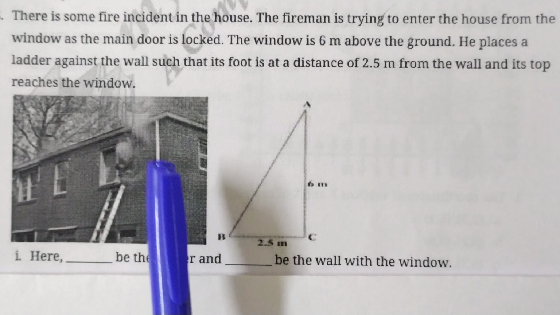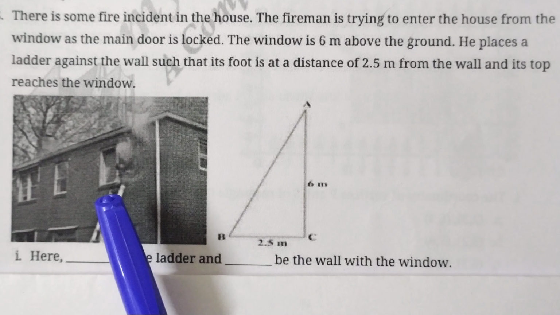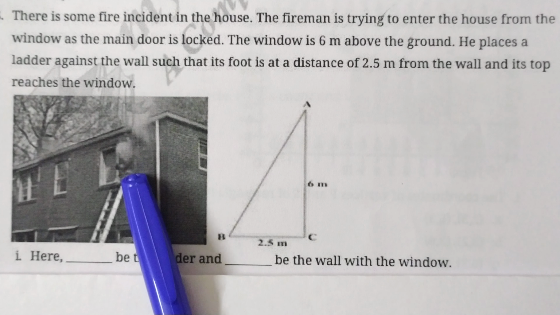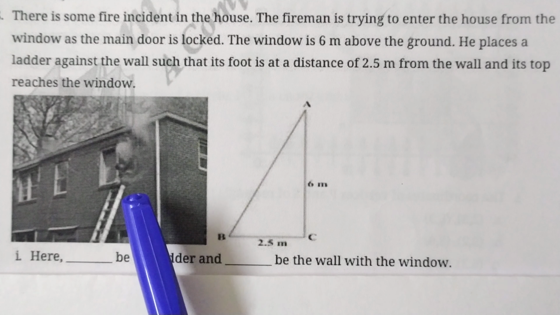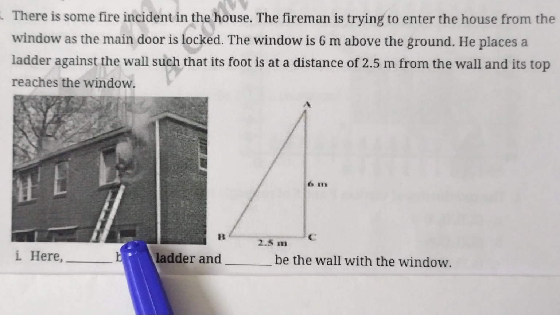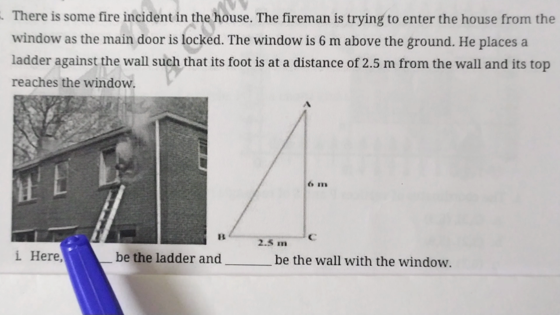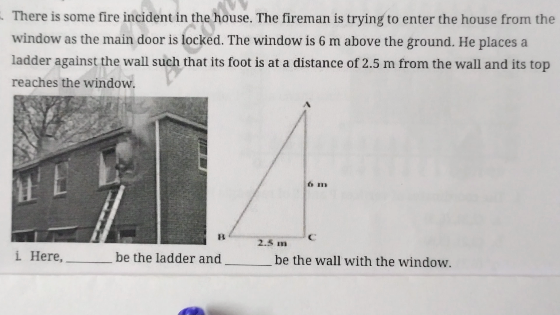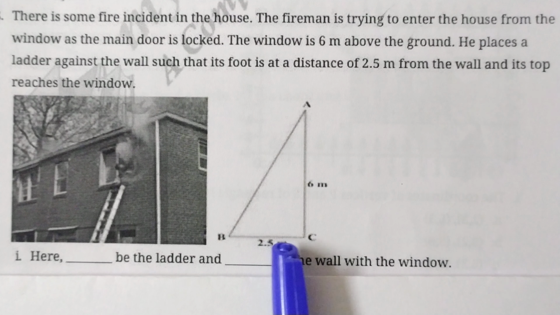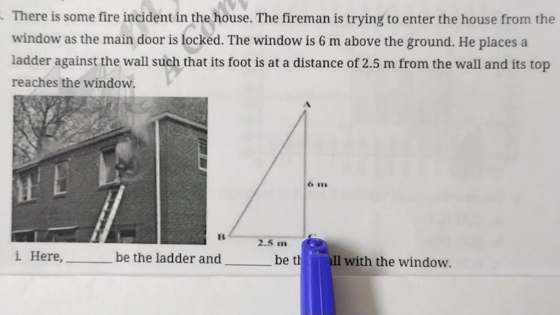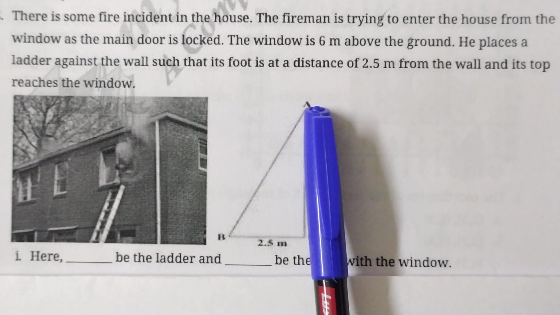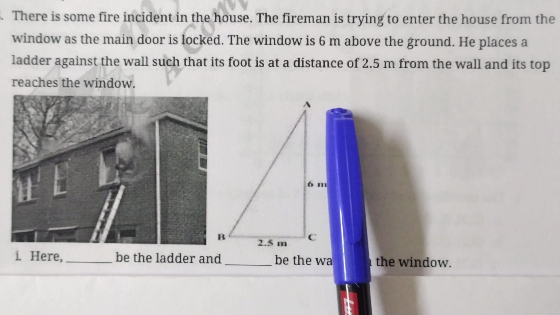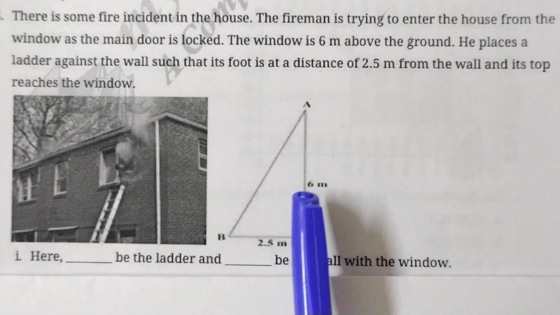So here in this question, what condition is given? It is ladder and this is the wall of the room. So window is 6 meters high from the ground and he has placed this ladder. So here in this figure, the foot of the ladder is 2.5 meter away from the foot of the wall, and the window is at point A here, and the height of window from the ground is 6 meter.